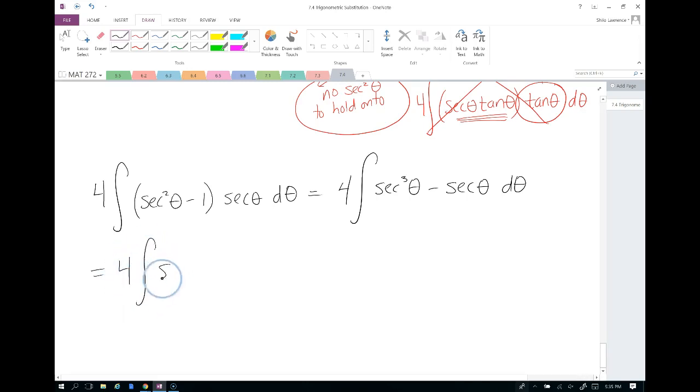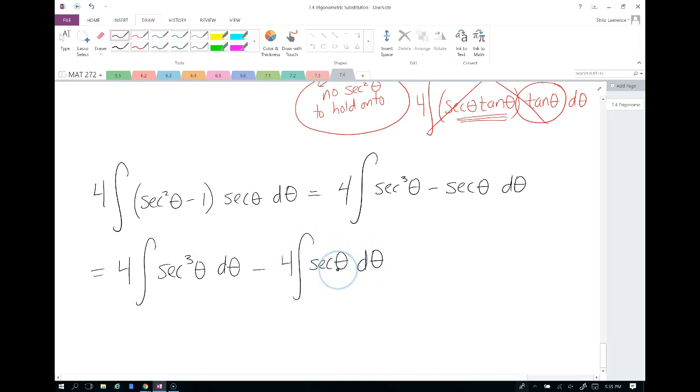For the first term, I'm actually going to use integration by parts. We didn't ever get a chance to look at an integration by parts problem that involved a u equaling a trig. We had the one really weird case where we had exponential and trig, but this one's going to work out differently.